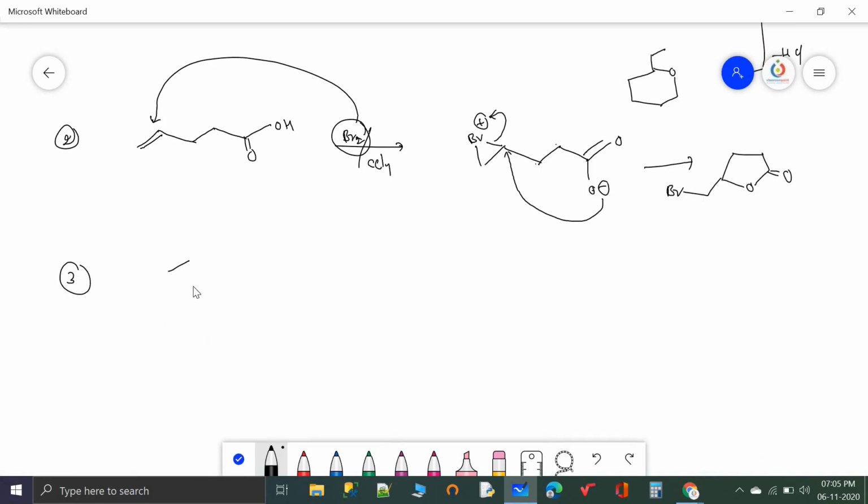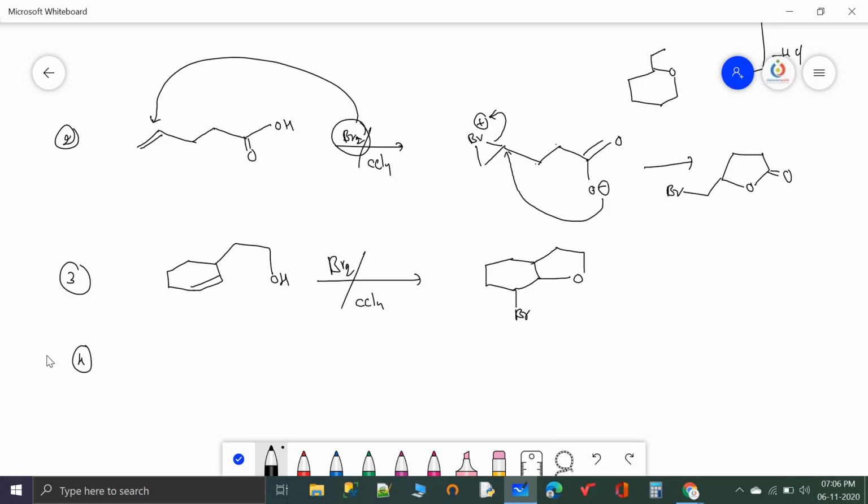Third example, I will give just the example and product; you write down the mechanism at home. This is the OH, Br2 in CCl4. I will write down the final product, and you send me the mechanism. For these two reactions, you send me the mechanism through WhatsApp.